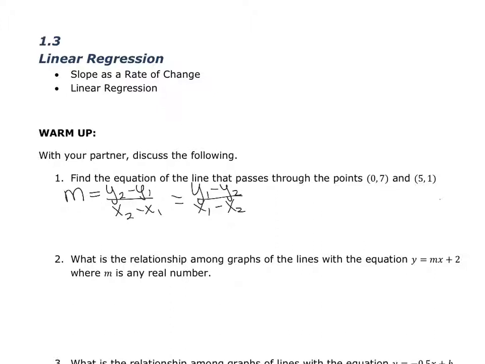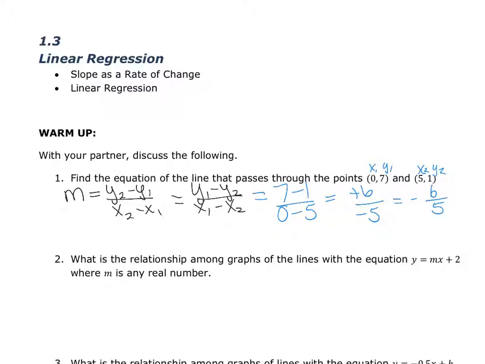It's all good. So I'm going to go over here, and I told you before I like to label. So this is my x1, here's my y1, x2, and y2. So my slope is going to be 7 minus 1 over 0 minus 5. So I have a positive 6 over a negative 5, and we know that we can write the negative in the front of our fraction, so we can write it as negative 6 over 5.